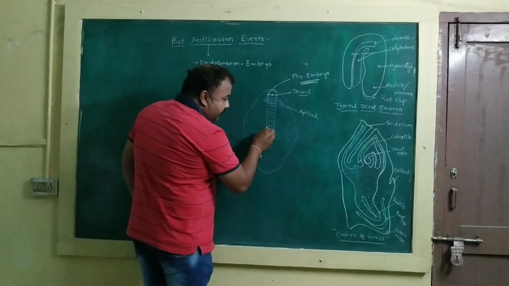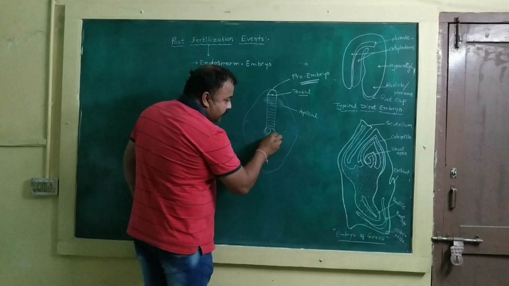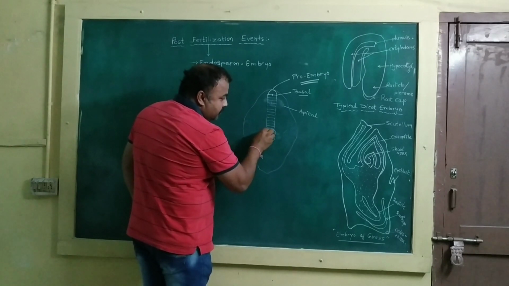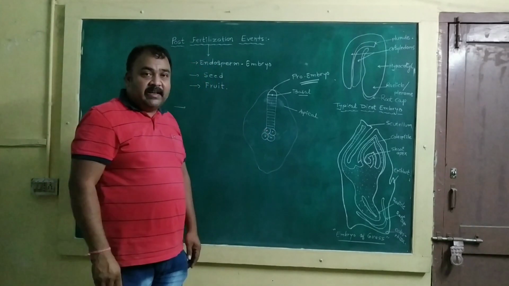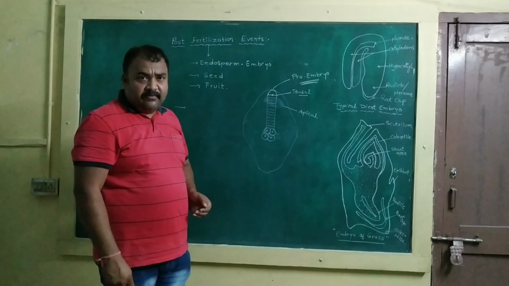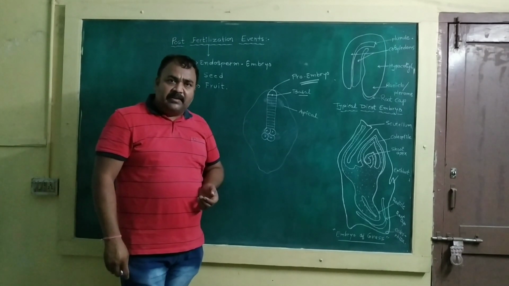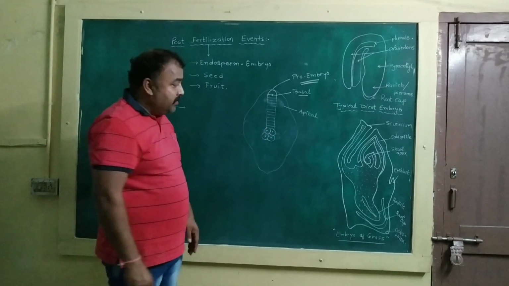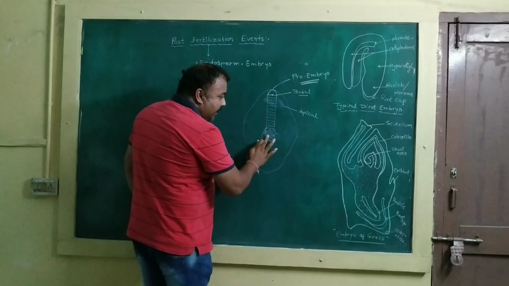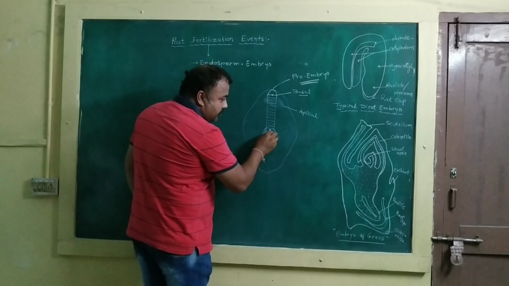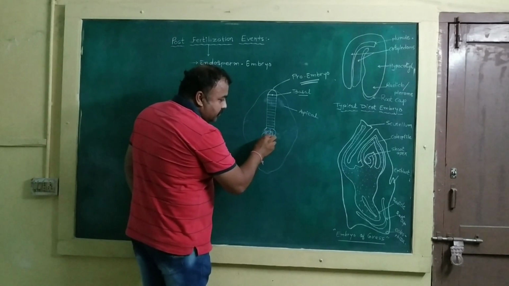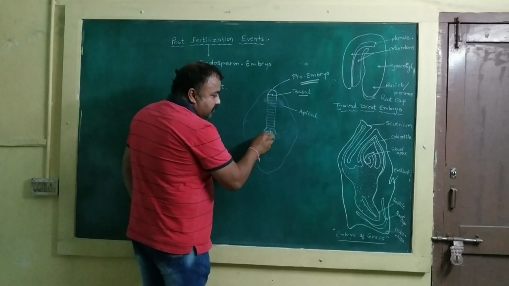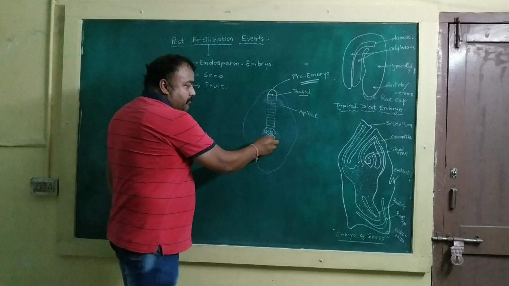After some time, again a transverse division converts these 4 cells into 8 cells, which is 8 nucleated embryo, we can say. 4 on the front side, 4 on the back side. And then a periclinal division converts these cells into 16 numbers.